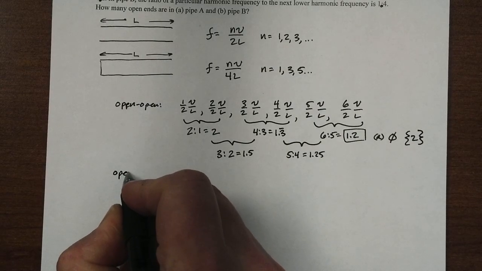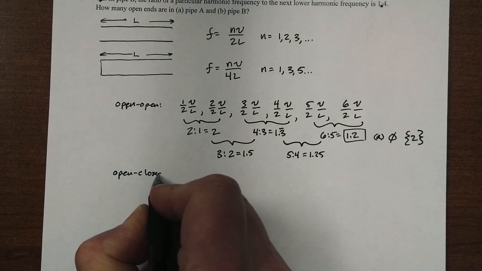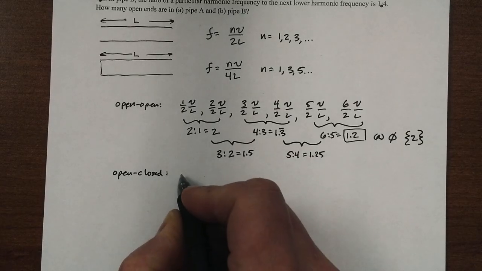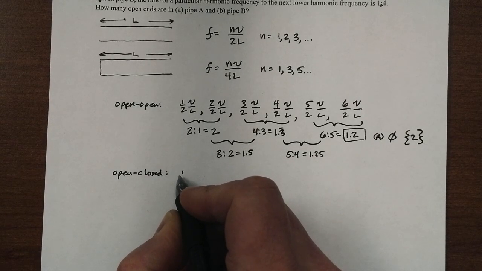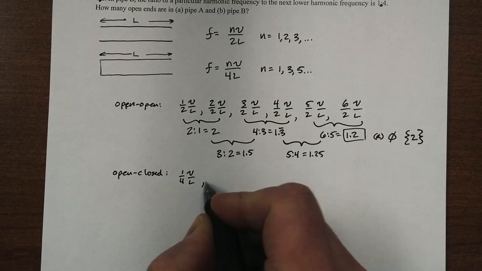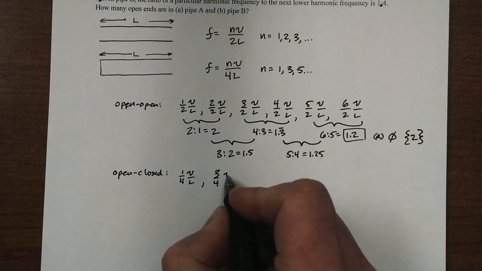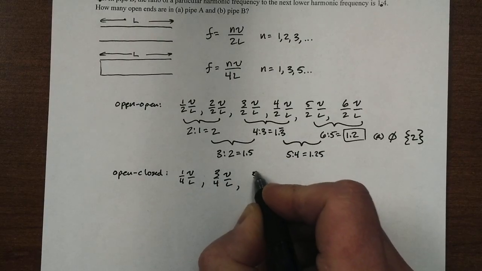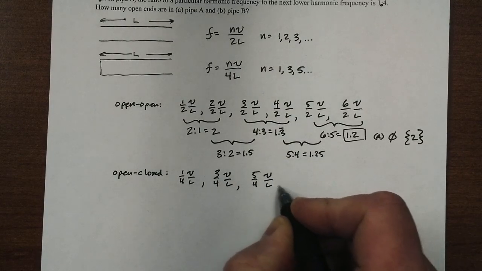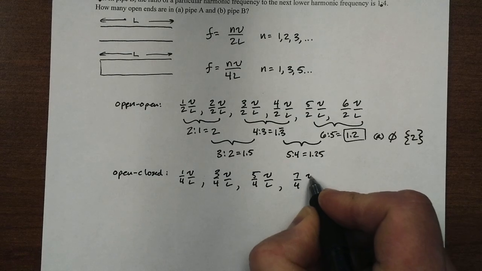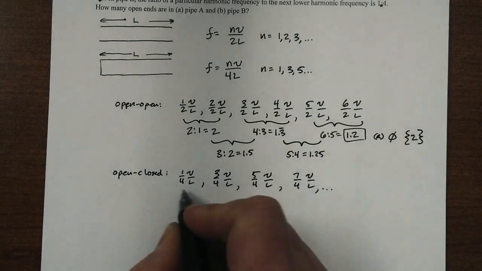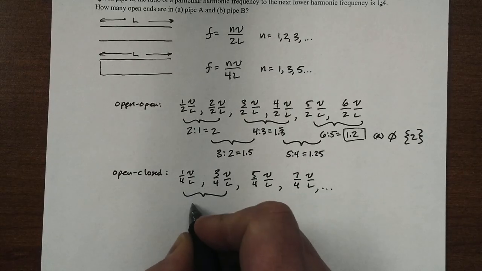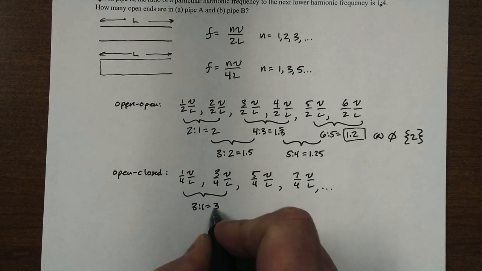If you do open closed, same kind of argument here. So the first pattern is at 1/4 V over L. The next one is 3/4 V over L, 5/4 V over L, 7/4 V over L. And the pattern continues. So the ratio right here is 3 to 1, or just 3.